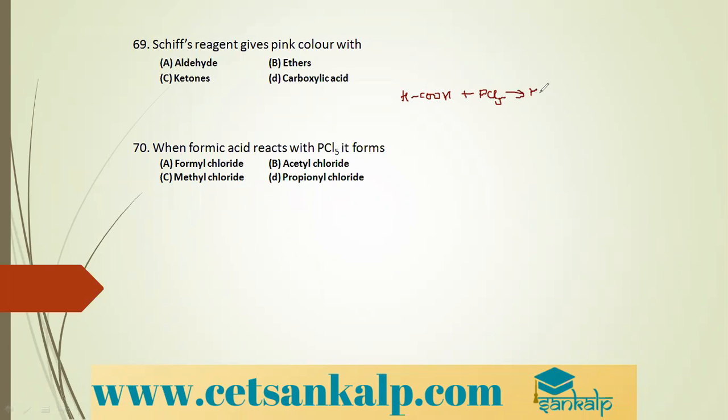We get formyl chloride, HCOCl, plus POCl3, phosphorus oxychloride, plus HCl. So we get formyl chloride. Formic acid is nothing but methanoic acid, and when treated with PCl5, it gives us formyl chloride.